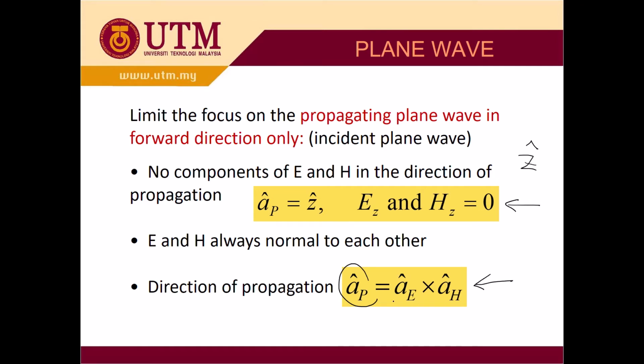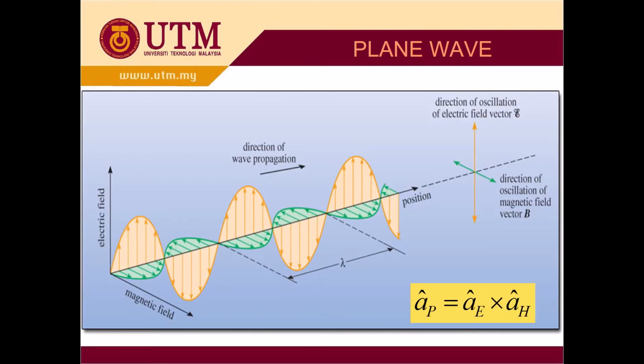So the direction of the E and H cross product is the direction of x. So we can see that the E field and H field are always perpendicular to each other. This is actually the illustration of the electromagnetic wave.